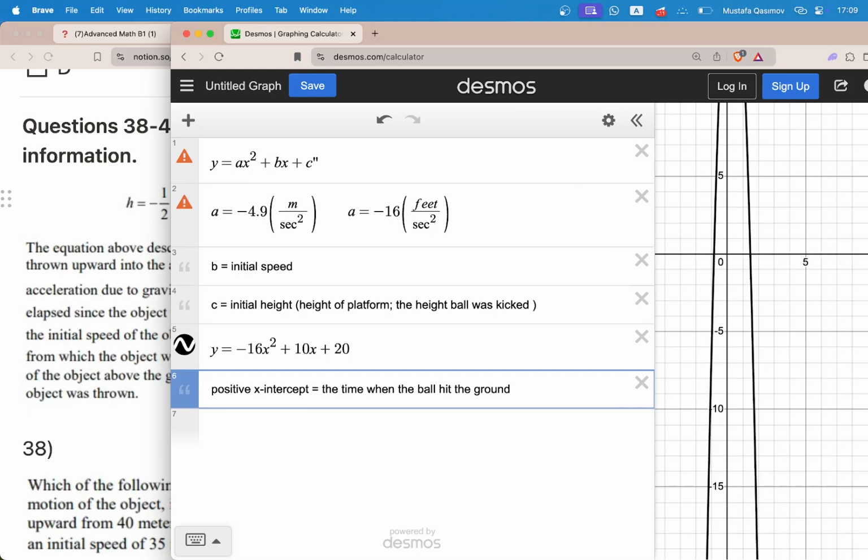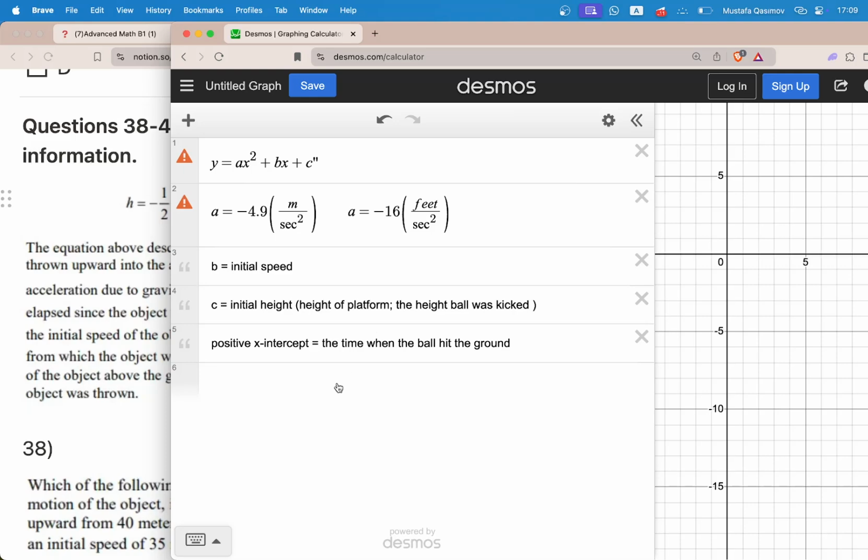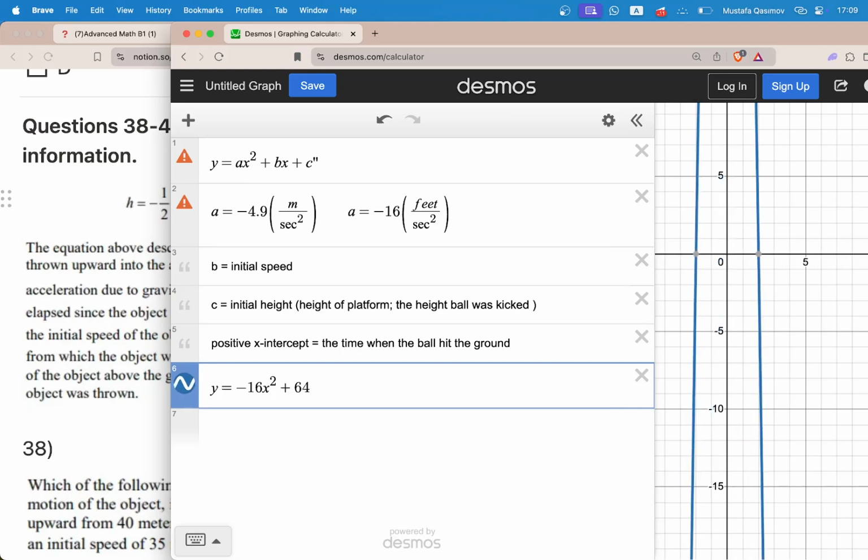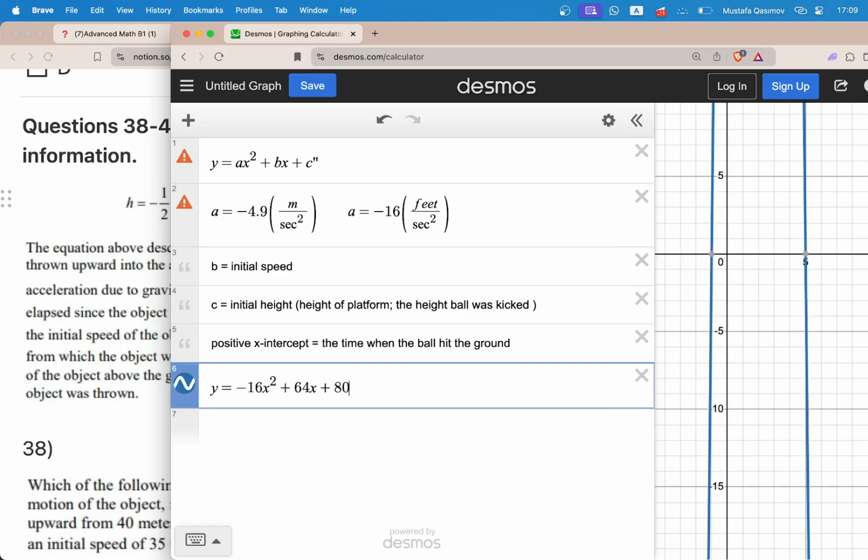Do you have any question from here until here? Okay. For this function, from what height the ball was kicked, Nazrin?